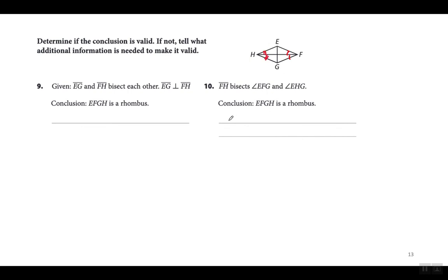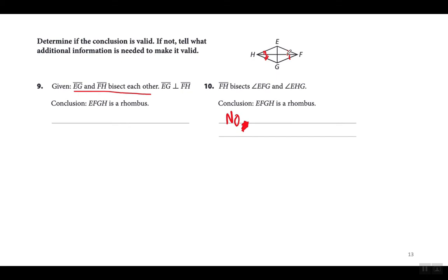Okay, in this one, the answer is no, because that would make it a rhombus if it were a parallelogram, and we don't know for sure that this is a parallelogram. In number 9, the part at the beginning allowed us to determine that yes, it's a parallelogram. But in number 10, we don't know that it's a parallelogram.